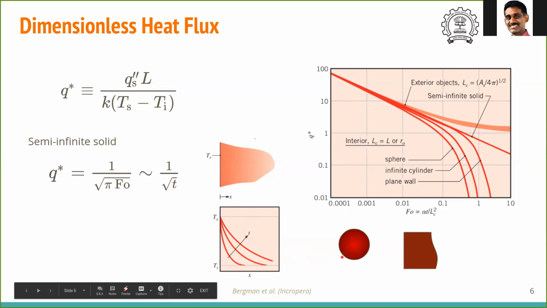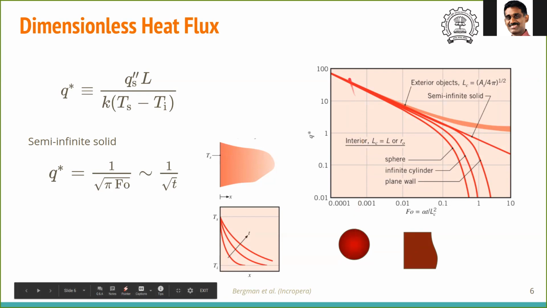At very small time, the curvature is not seen at all, and therefore this length is not seen. If you sit here, it is like you're standing on earth. As a person standing on earth, you see a flat surface, and for you the earth is a semi-infinite thing. You don't feel the curvature at all. So initially, irrespective of any shape, it is like a semi-infinite object.